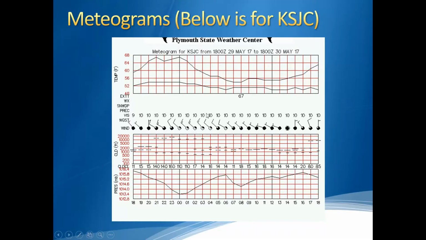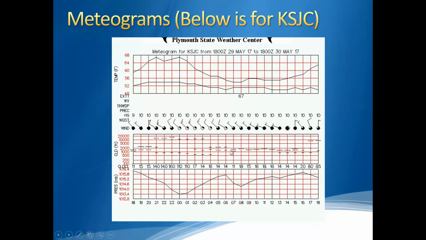So this is air temperature here, dew point temperature here. Down here you have visibility. Right here you have wind information, and if you recall from the station model, you have wind direction, that's this long barb. Wind speed, that's this little stick that points out of the long barb. And then the circle is filled to a certain degree based on cloud cover. This image down here shows you different cloud heights where they're present.